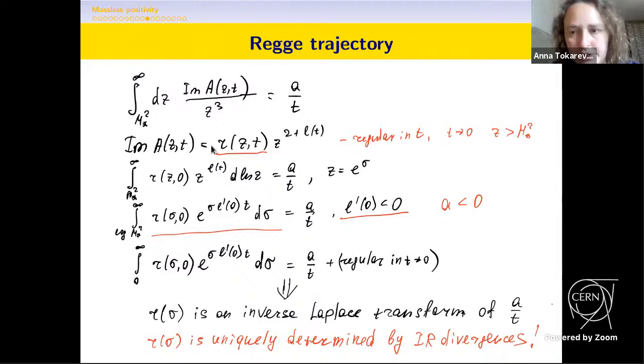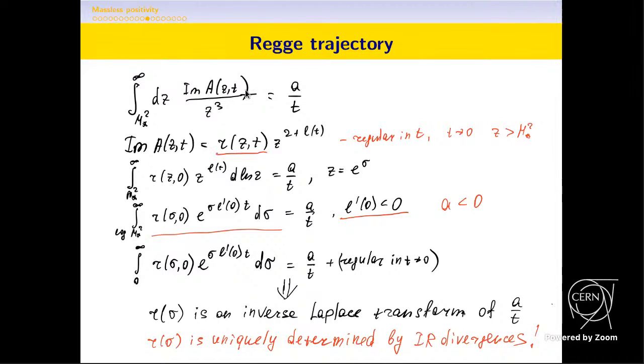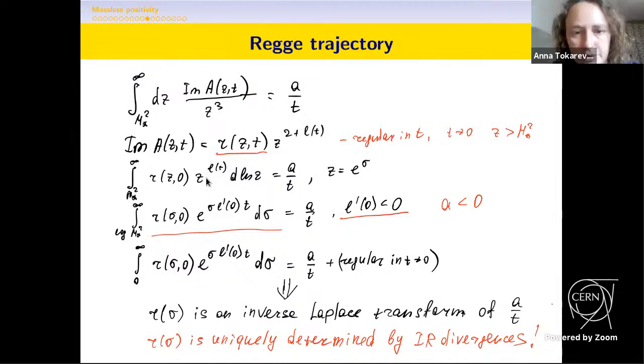Under the assumption that the imaginary part has to be regular, we can find that the solution looks to be of a unique form, at least the asymptotic of the solution in the limit t to 0 and z to infinity can be uniquely determined by the asymptotic of the amplitude at the t to 0 limit at small s.